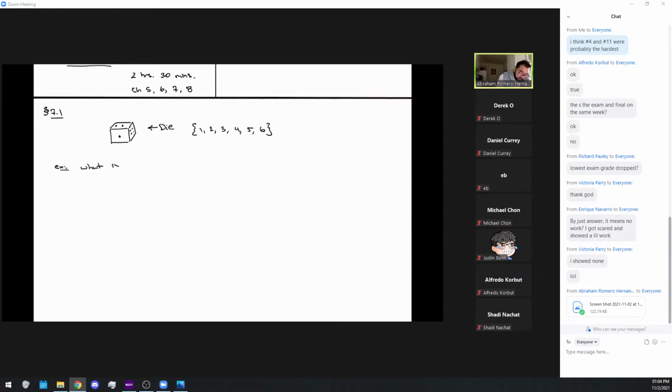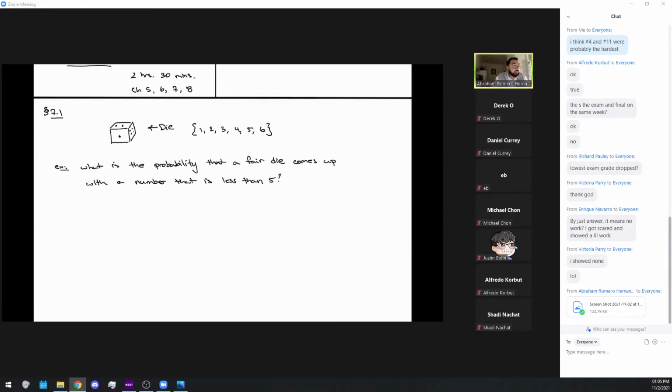What is the probability that a fair die comes up with a number that is less than 5?